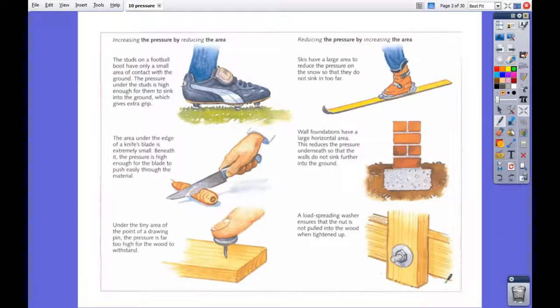Here we have 6 examples of how to decrease the pressure and how to increase the pressure. On this side, here is an example of increasing the pressure by reducing area. Here we have football shoes. It has this hole.